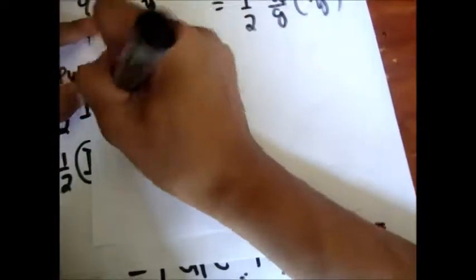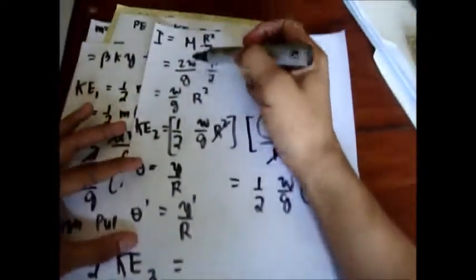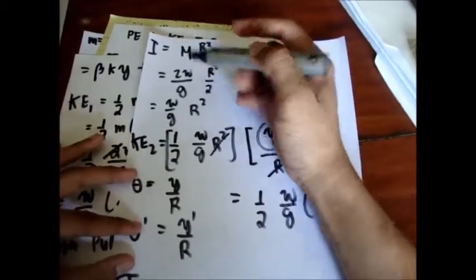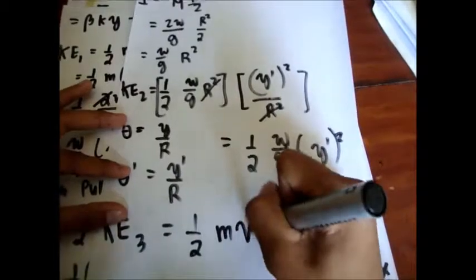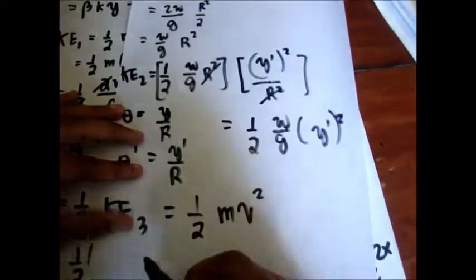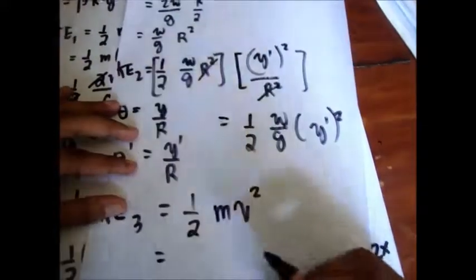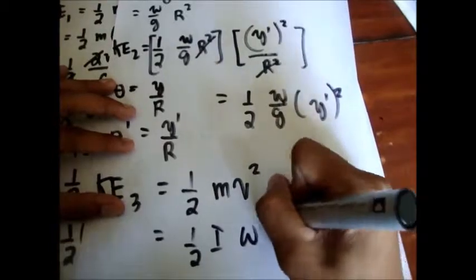For our KE3, which is the smaller pulley, same process again, but this time our mass is W. So KE equals 1 half mv squared, the same as before. So 1 half I omega squared.